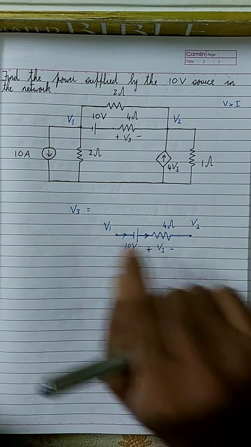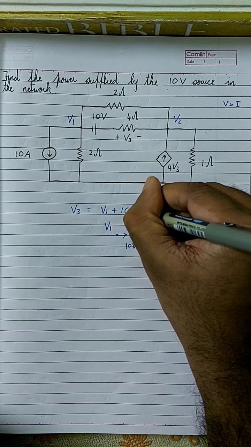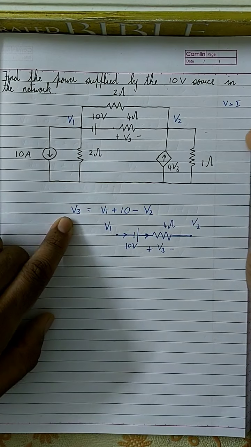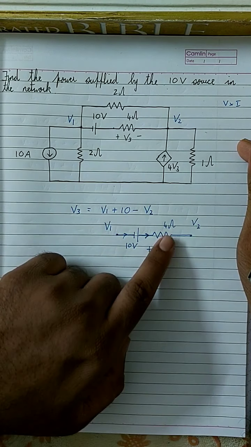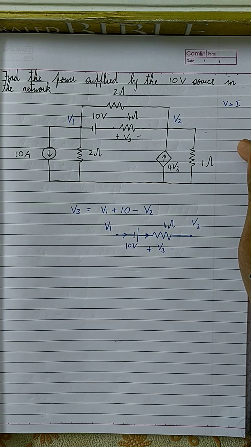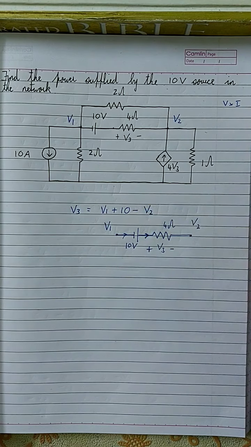Or in other words, the equation for V3 is V1 plus 10 minus V2. This is the voltage across the 4 ohm resistor, or the equation for V3. This is how I understand the equation, and this is how we express it.